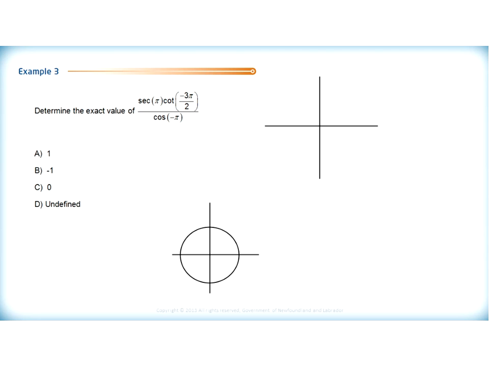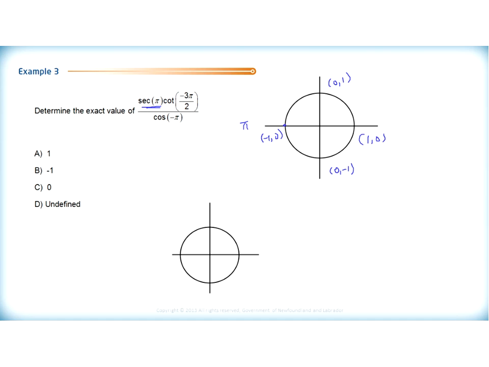There's one. And let's draw another one up right here. Move it around here until it's okay. There we go. Okay, so let's use our unit circle. 1, 0, 0, 1, negative 1, 0, 0, negative 1.